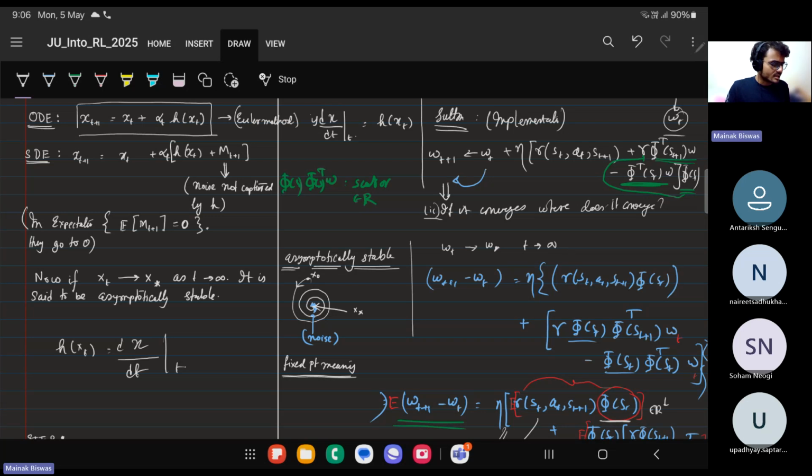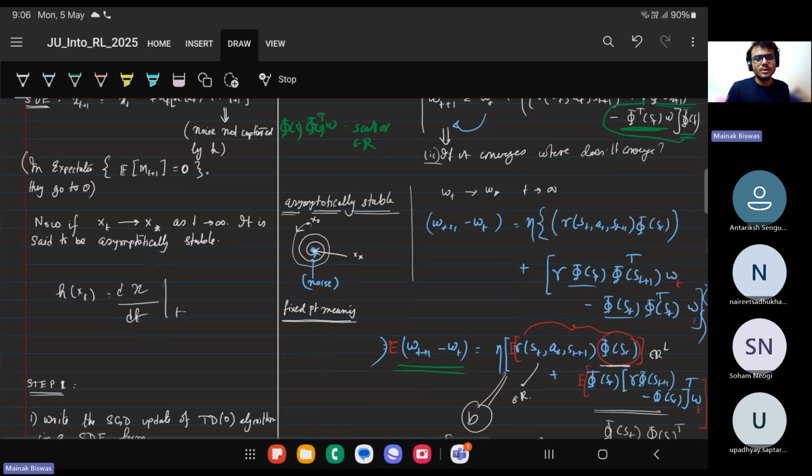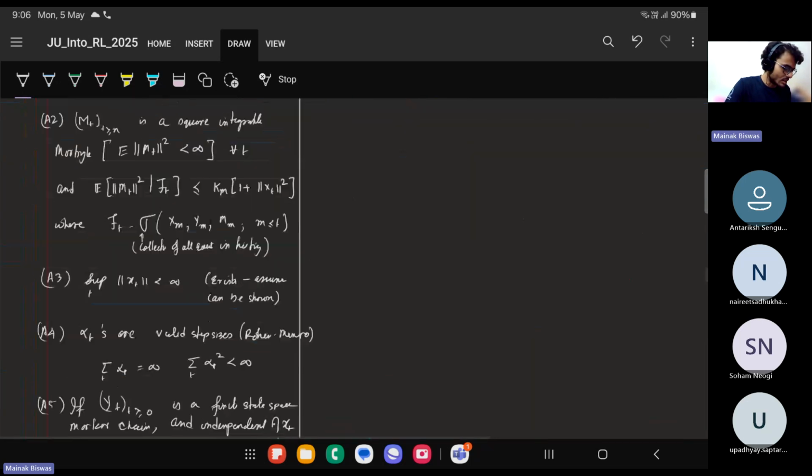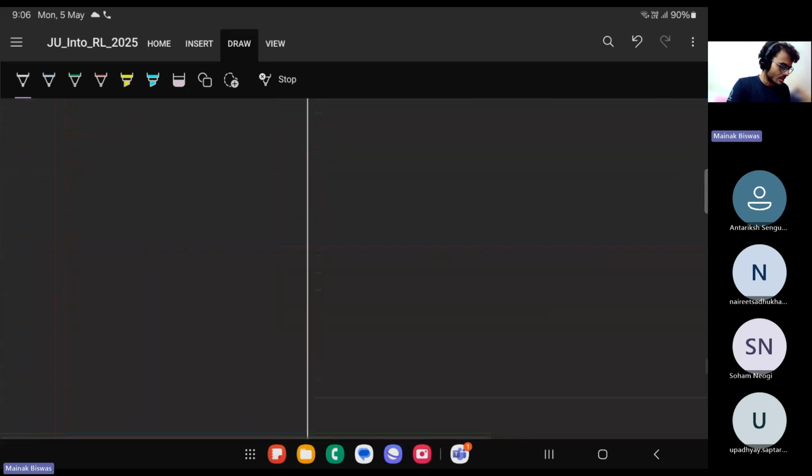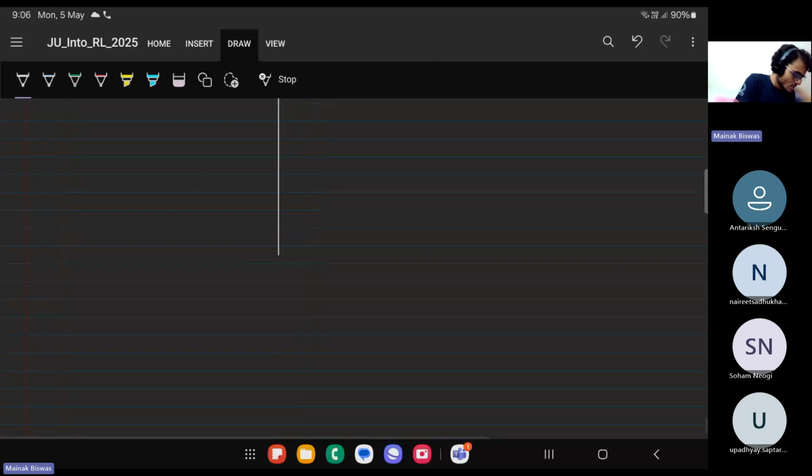Do you remember this equation? Let me just write it down here. A little bit fresh: an ordinary differential equation in Euler form.